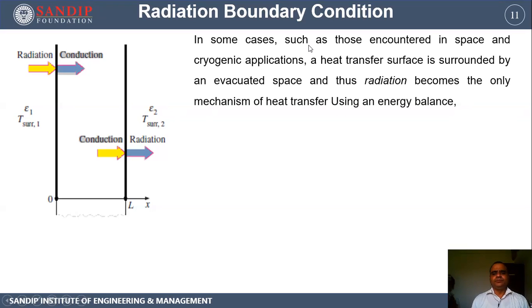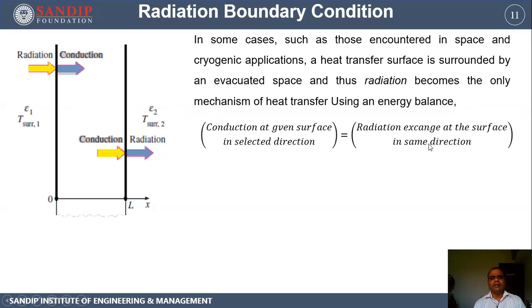In some cases, such as those encountered in space where convection is not there because of absence of any fluid, and in cryogenic applications, the heat transfer surface is surrounded by evacuated space, and thus radiation becomes the only mechanism of heat transfer. Now we can use the energy balance like the previous boundary condition, that is the convective boundary condition.